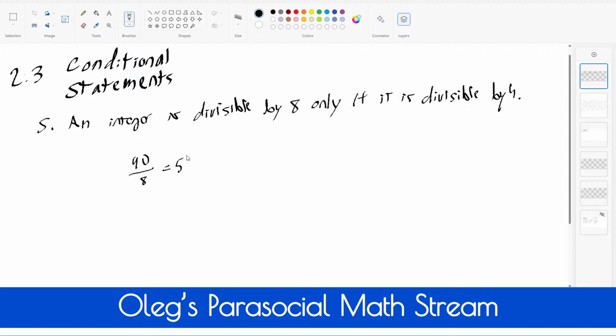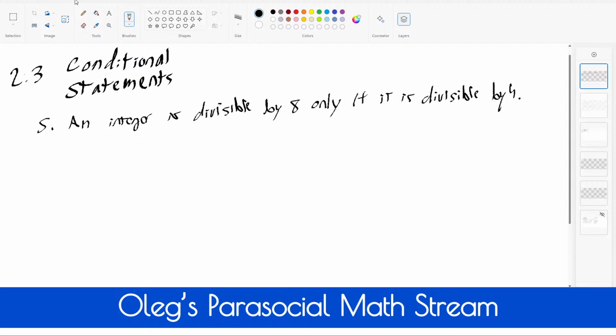So what is the necessary condition? In this case, this integer is divisible by 8, but it's not divisible by 4. Well, I mean, it is technically. You could do 4 times 10. But it is also divisible by 8. They don't give the same result. Okay, I'm confusing myself.